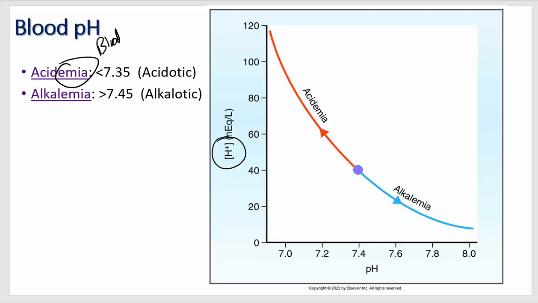So acidemia is acidic blood or blood plasma. And alkalemia is alkalotic or alkaline blood plasma. It's 7.45, so that's what our range is. So acidemia is less than 7.35. Alkalemia is greater than 7.45. So we can see that reflected in this graph.